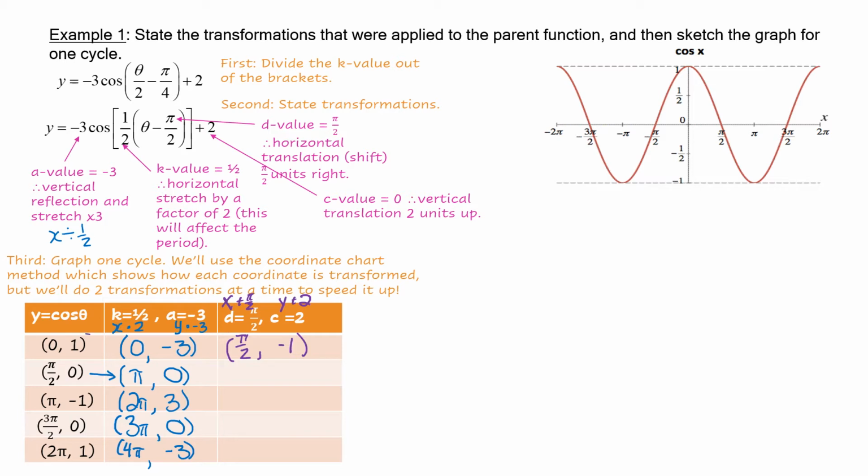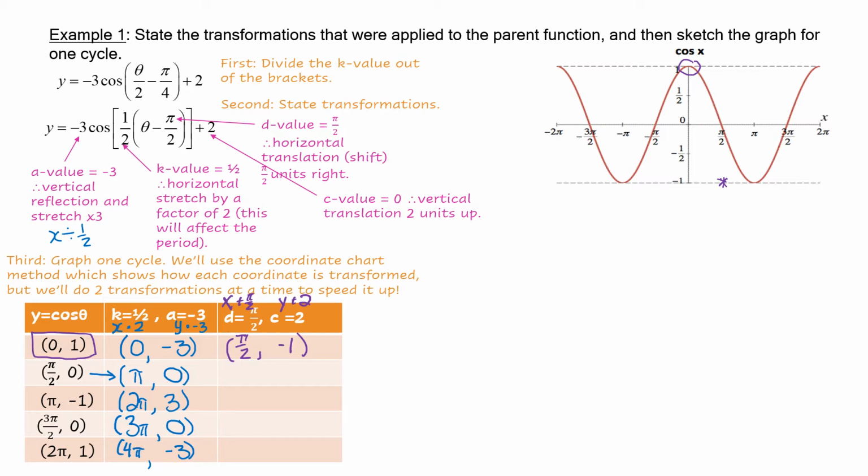So this coordinate that we had originally, 0, 1, and I'm going to go up to the graph on the top right here. 0, 1 was right here. That's now been transformed to pi over 2, negative 1. So that's going to be down here now, but we'll graph it in a minute. So that's the result of all the transformations we talked about in the pink with the arrows.